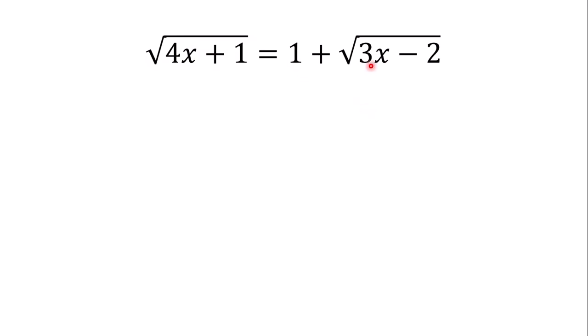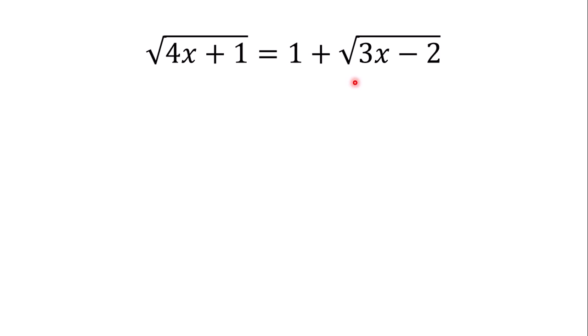If you don't square the whole of this as 1 and you square it as, let's say, 1 squared plus the bracket square root of 3x minus 2 all to the power 2, if you do it that way, I don't think you're going to get your final answer. You might get an answer, but that answer may or may not satisfy the equation or may not be the solution to the radical equation.